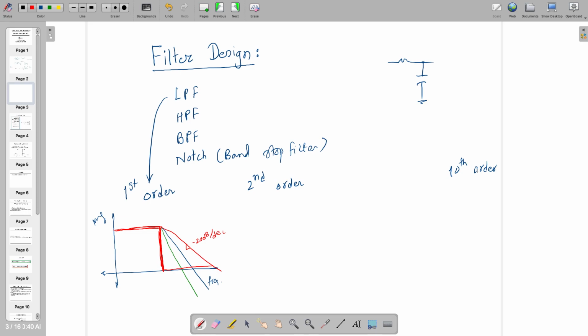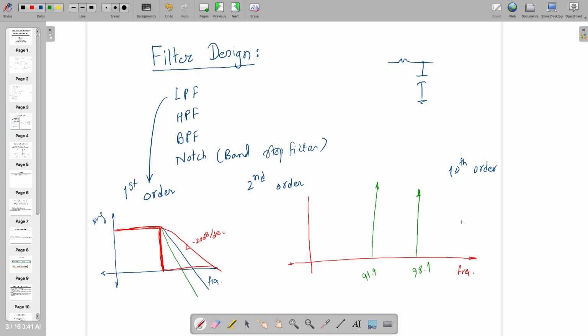Let's assume, have you ever heard the radio? If you are hearing some radio station, sometimes you are hearing some other stations also, like two songs at a time. Maybe this is 91.9 FM and maybe somewhere else, right?